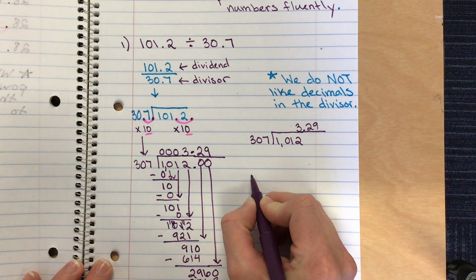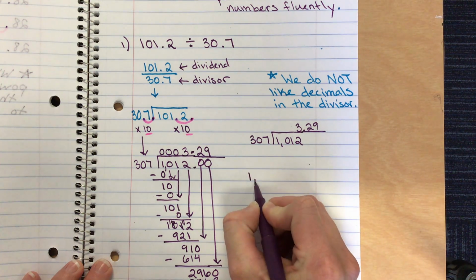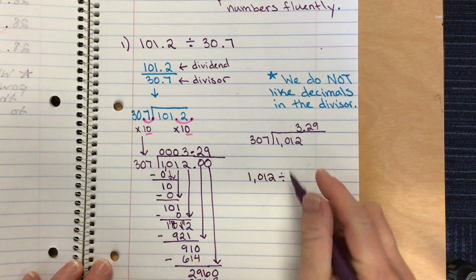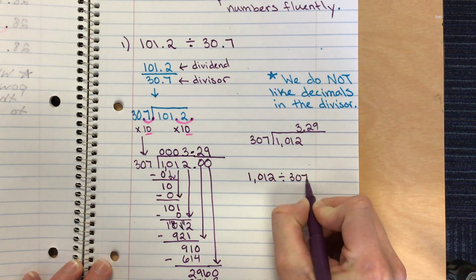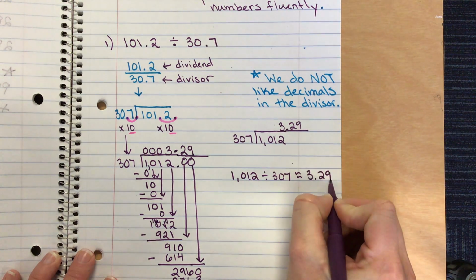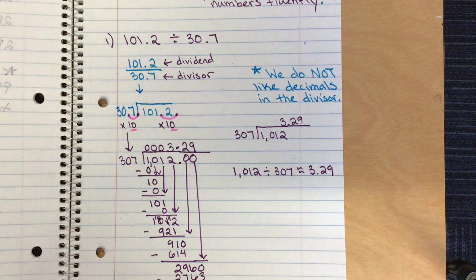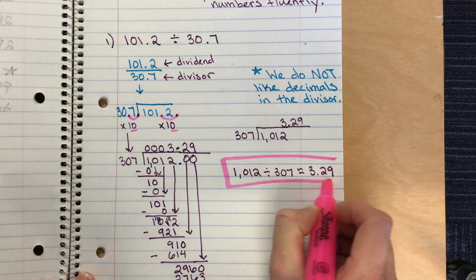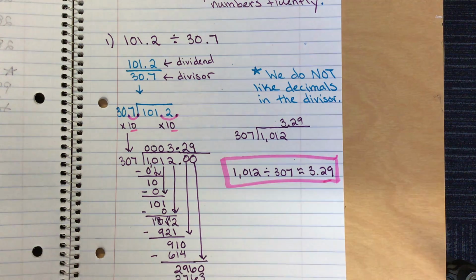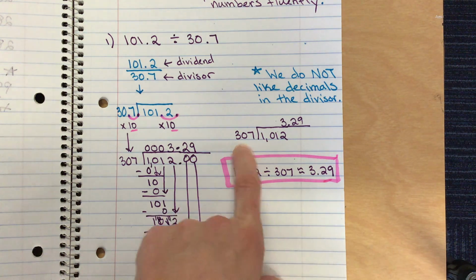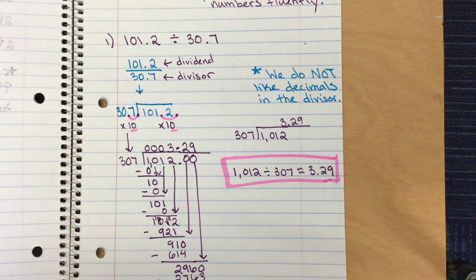Okay, and we can also write it 1,012 divided by 307 is about 3.29. Okay, so I know those are big numbers, but you're just doing regular division, just like we were doing regular multiplication in class. Now you're just doing regular division. The only thing that we have to make sure of is that we do not have a decimal in our divisor. Okay, make sure you bring your notes to class. I'll see you then.